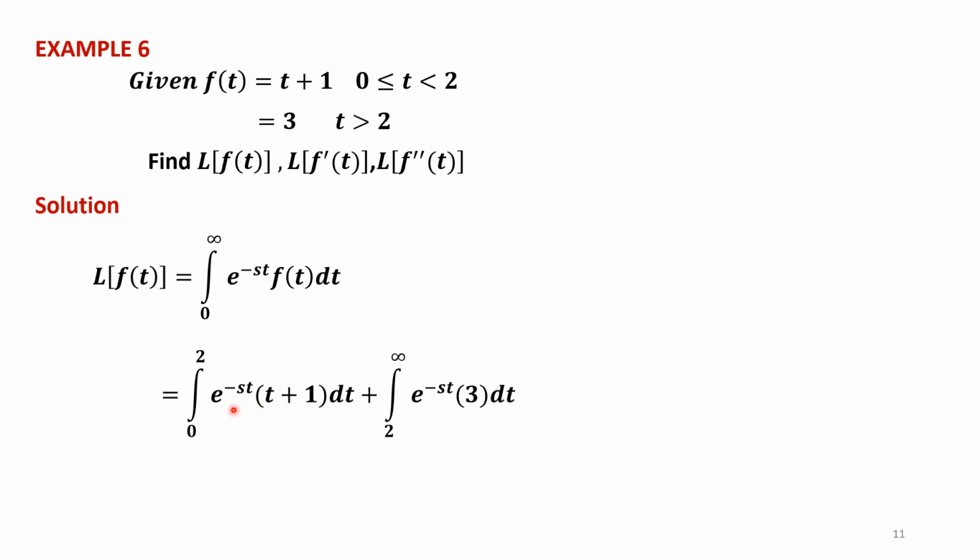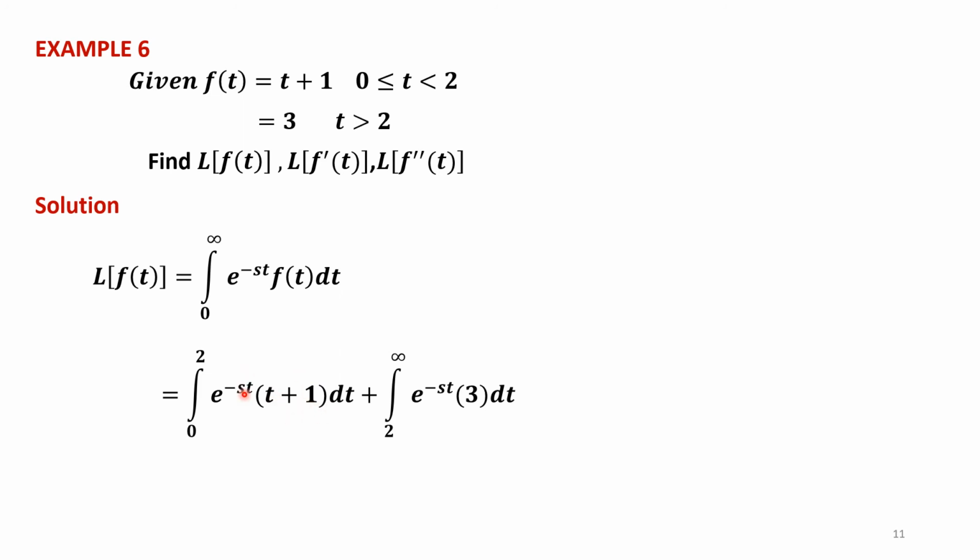Again, we have two functions of t, which means we have to use integration by parts to integrate this function. T plus 1, we can take it as one function because t plus 1 whole thing is an algebraic function.